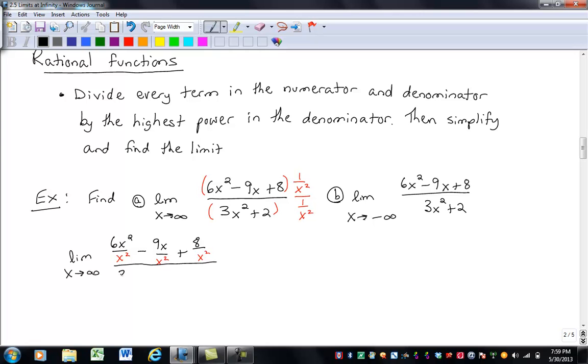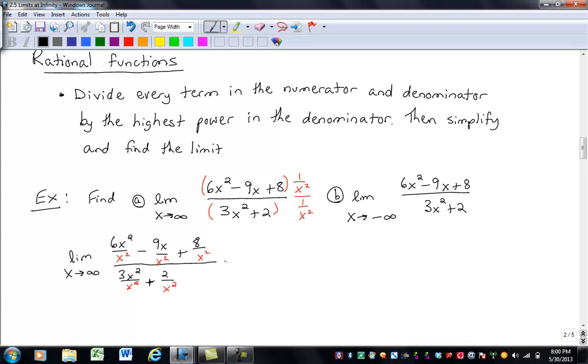On the bottom, I have 3x squared over x squared plus 2 over x squared. And this is a legal move because what I really did was multiply by the number 1, even though I wrote the number 1 in a really strange way so that I could simplify stuff.